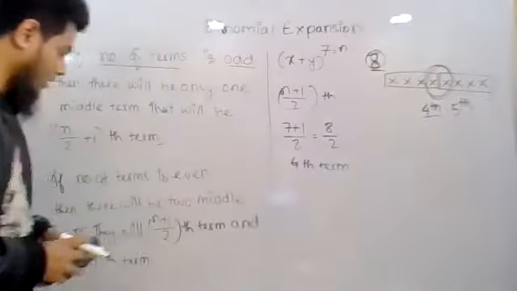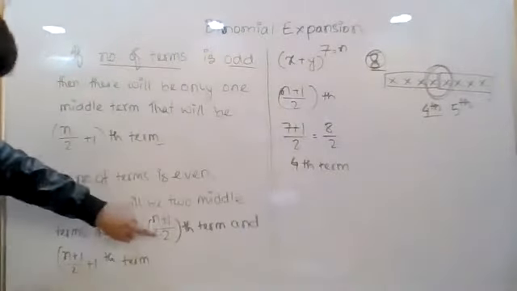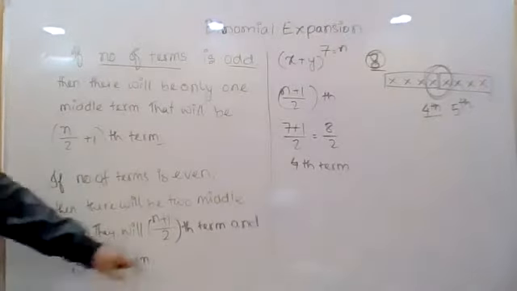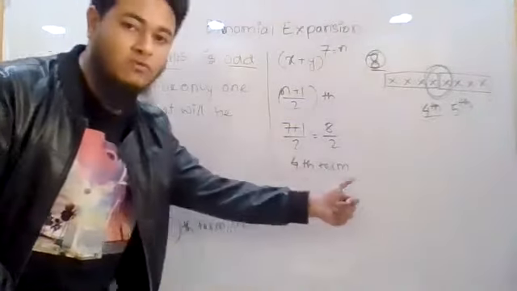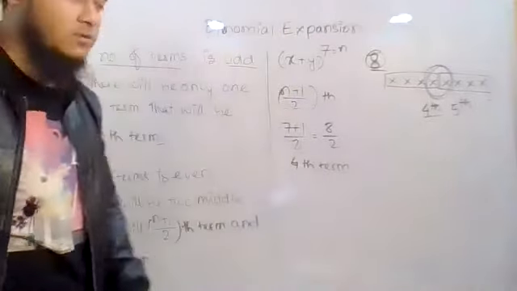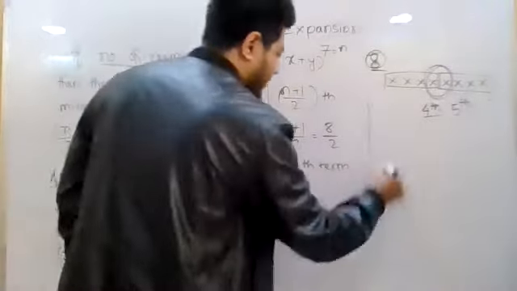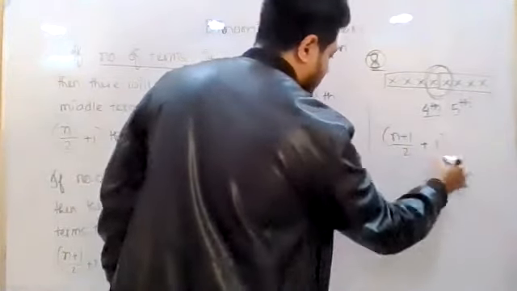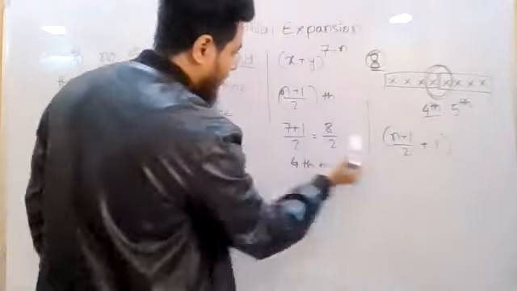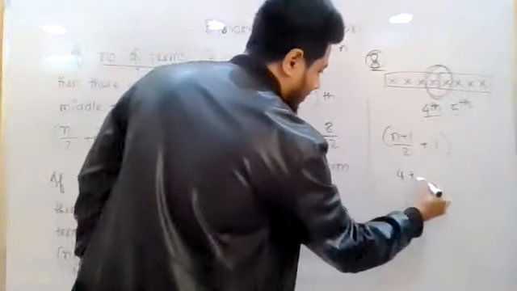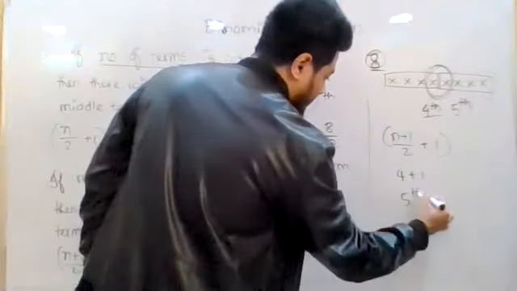Then what do we have? See, (n plus 1) by 2, here also we have (n plus 1) by 2, just we added 1. That means we will add only 1 to 4, that is 4 plus 1, the 5th term. So let me write it here: (n plus 1) by 2 plus 1. We already saw that (n plus 1) by 2 has a value of 4, so I will directly write 4 plus 1, that is the 5th term.